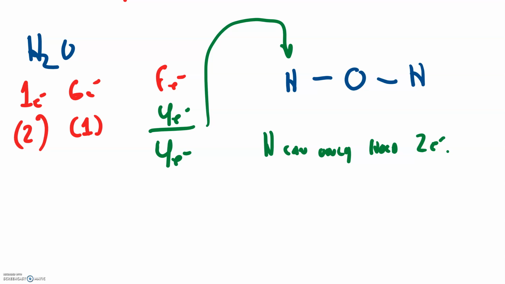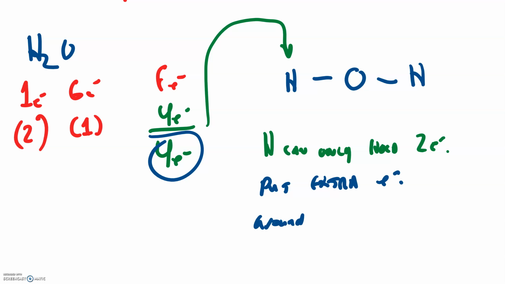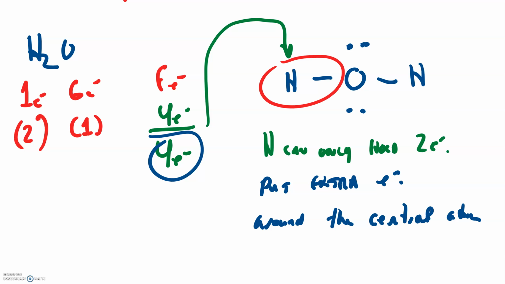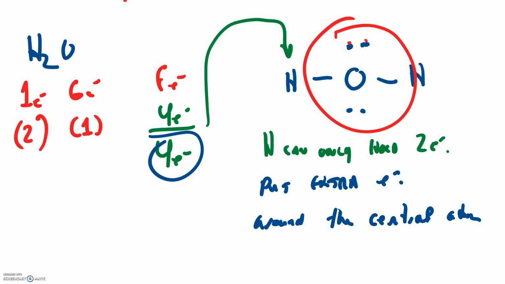So what we'll do is we'll take these extra electrons, we have 4 left, and we'll put them around the central atom. And that's going to look like this. 1, 2, 3, 4. If you're counting, the hydrogens can only hold 2, so they're fine. And the oxygen now has access to 8. 1, 2, 3, 4, 5, 6, 7, 8.